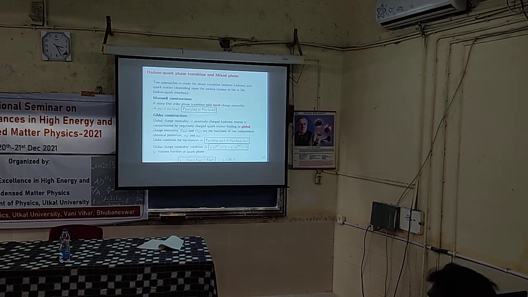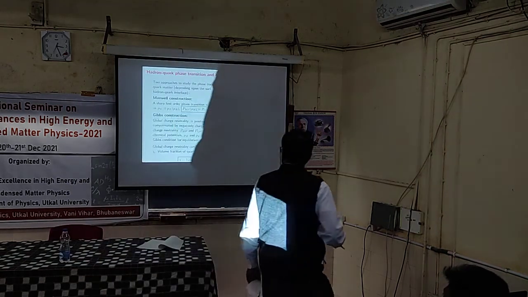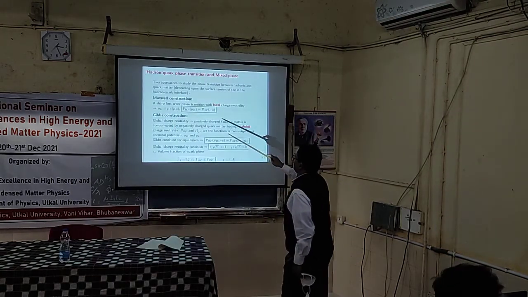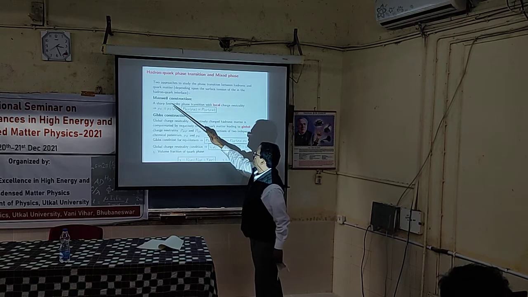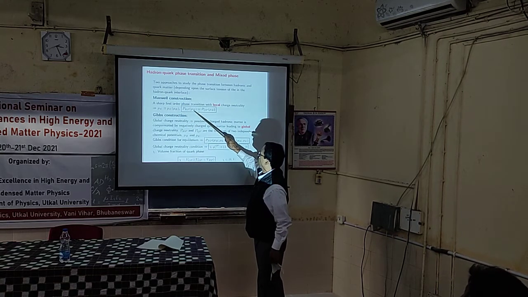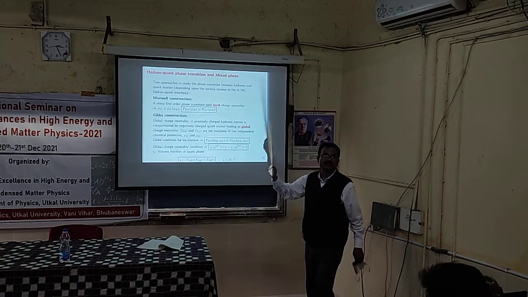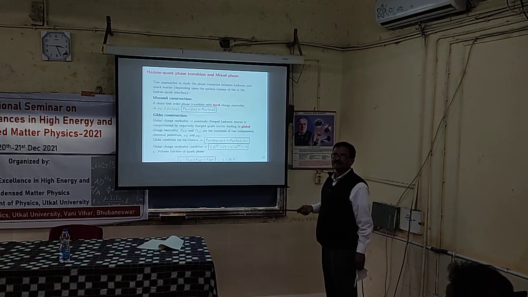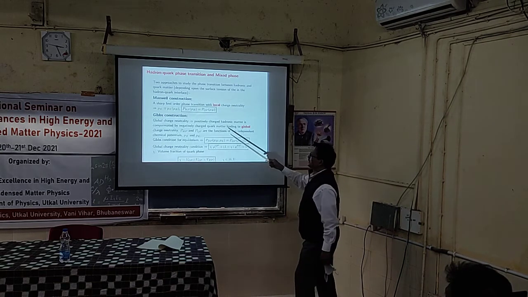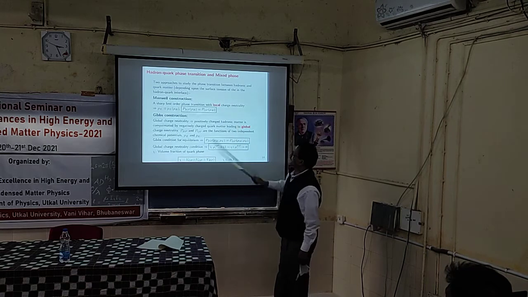So you have to put in two corresponding chemical potentials. As I said, for each conserved quantity you put in a chemical potential. So you have an electron chemical potential and a baryon chemical potential, neutron chemical potential, proton chemical potential. The condition is that they should be the same.